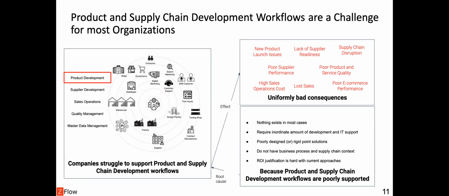We support a lot of workflows, both in the product development space. And one of the things that was very obvious to us is supply chain, supplier development, and engagement is seen primarily as some type of an IT solution. Most of the time in the strategic engagement of suppliers, nothing exists.